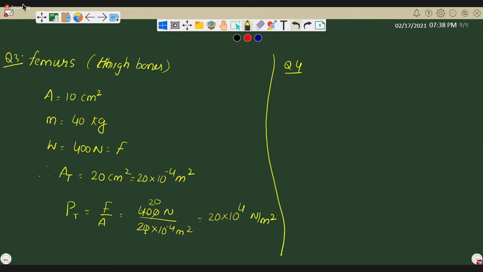Shall I go to the next question? So you have to use your formula: P is equal to P naught plus rho g h.